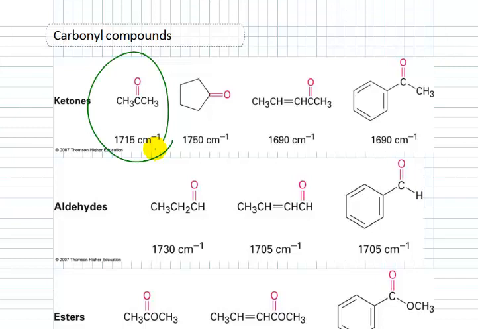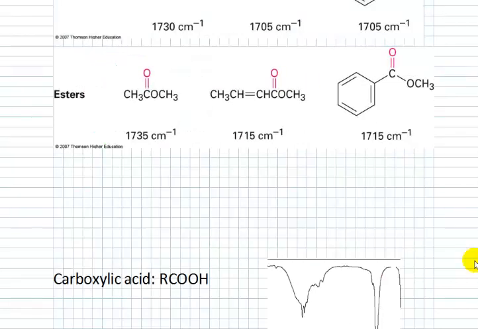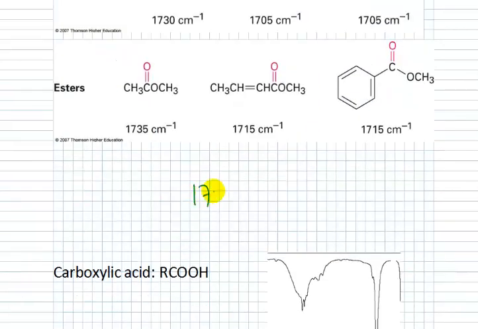I've got a C double bond O in the middle, no other CC double bonds, just CC single bonds with that CO. So 1715 is our standard default carbonyl frequency. Let's make a little diagram down here. For a regular ketone, 1715 is our starting point.